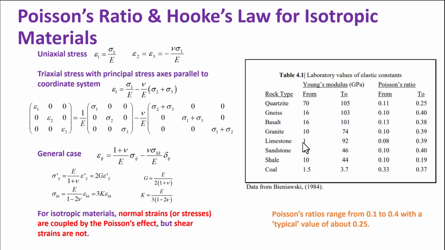Limestone is pretty weak, can be very weak. It can also be strong depending on its texture. Poisson's ratio in rocks generally varies between 0.1 and 0.4, so a typical number is like 0.25. If a material is truly incompressible, that is, its deformation always conserves volume, the Poisson's ratio will be 0.5. But rocks are usually between 0.1 and 0.4.